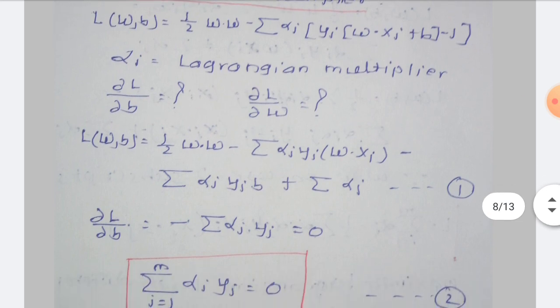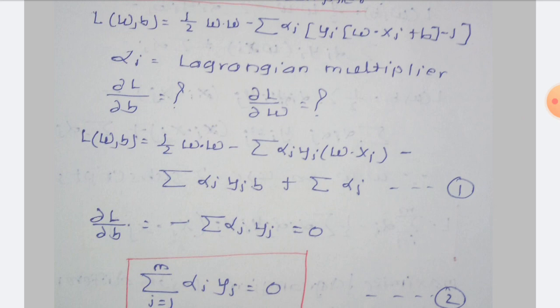Now let us differentiate this equation with respect to b. In equation 1, b is present in the third term only, because in the first, second and fourth terms there is no b. So the value is 0 for the first, second and last terms.